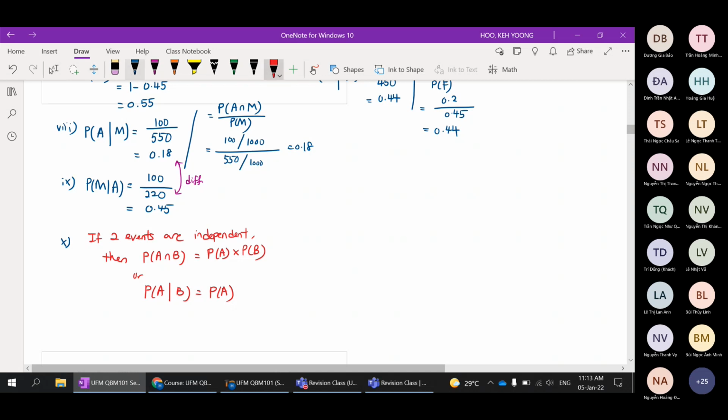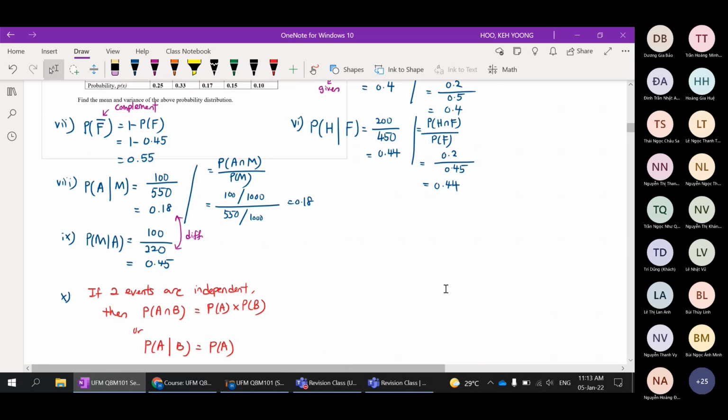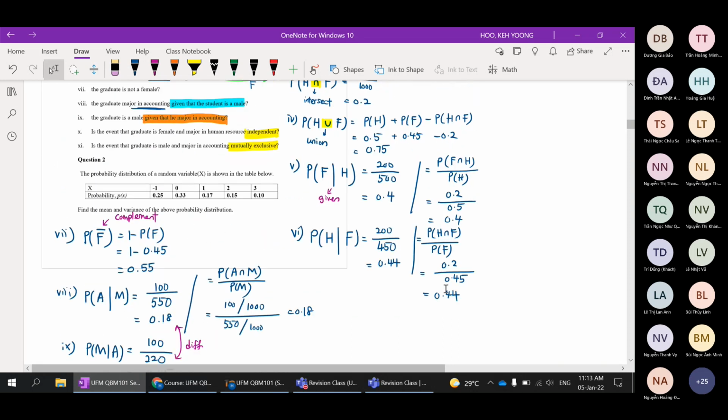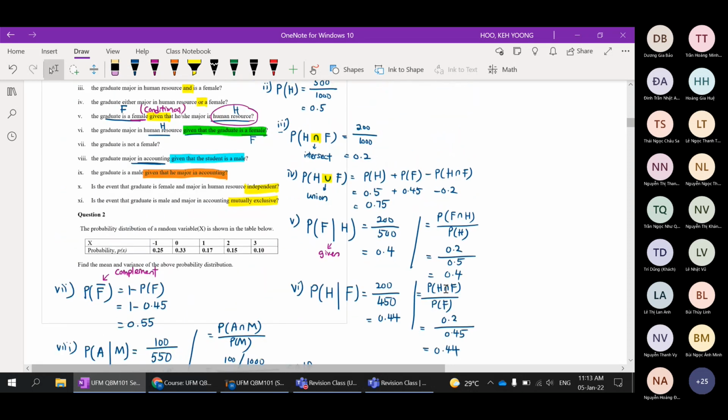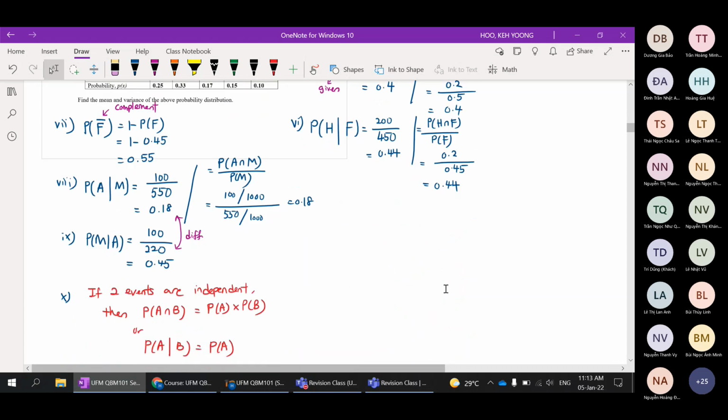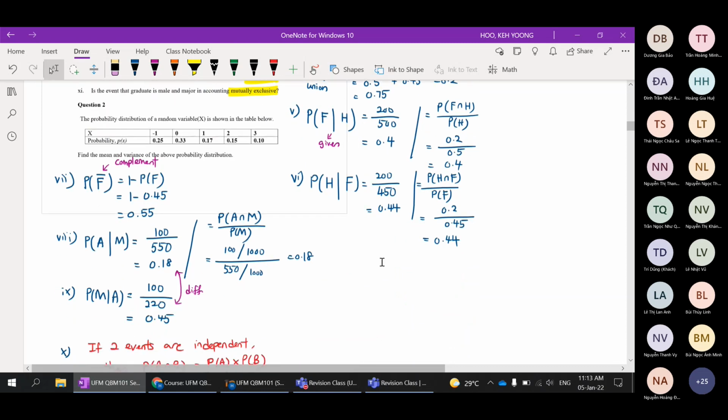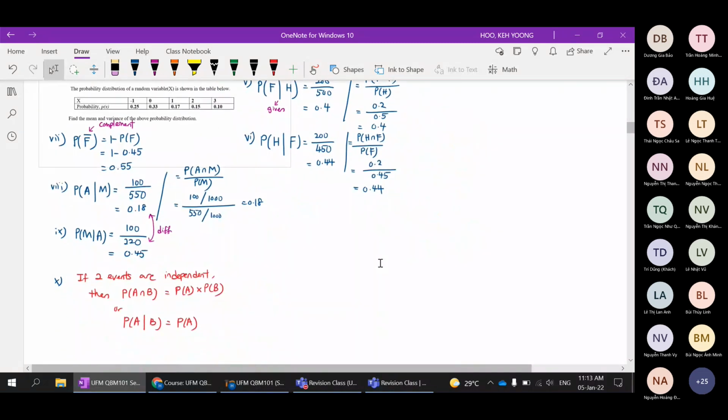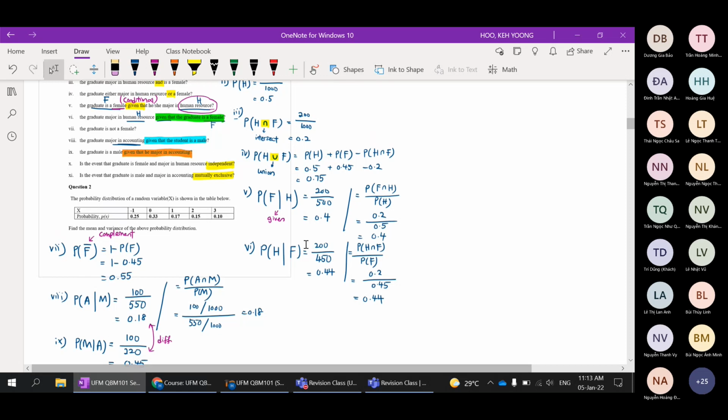I'm not sure which one you think is easier, so I'll leave it to you to decide. For this one, we can use the first way or the second way, it doesn't matter. Let me show both. So here we are looking at what event?